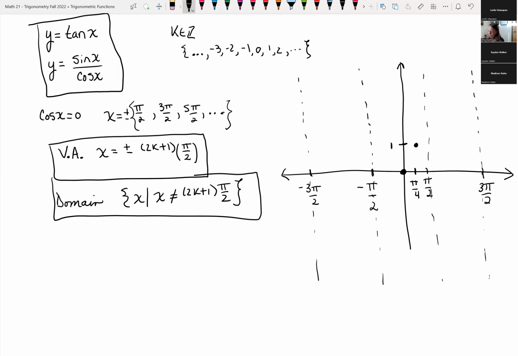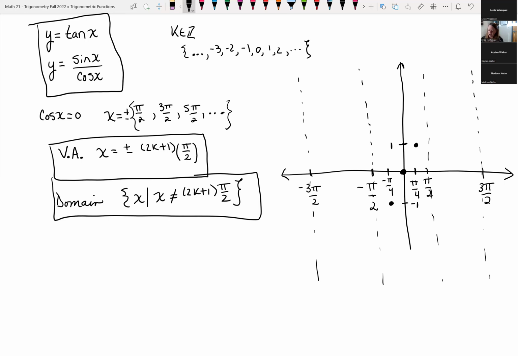And then the halfway point between negative pi halves and 0 is negative pi fourths. Well, at negative pi fourths, our sine value was negative √2/2, but cosine of negative pi fourths is positive √2/2. And so that would give us back a y value of -1 at tangent of negative pi fourths.